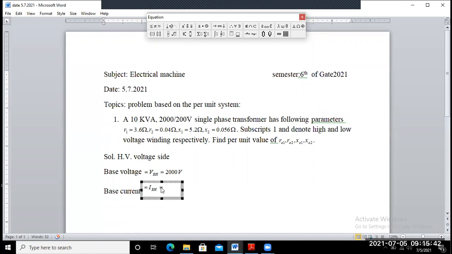So how much is the rated volt ampere given to you? 10 kVA, divided by 2000. So 5 ampere.